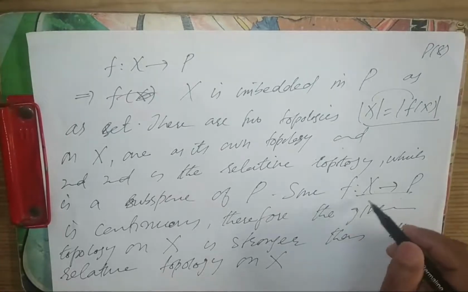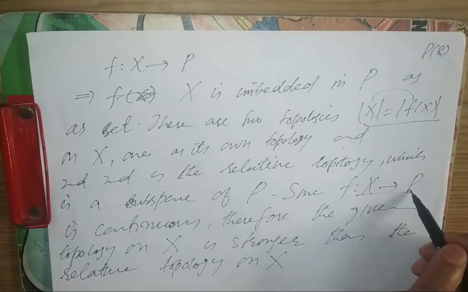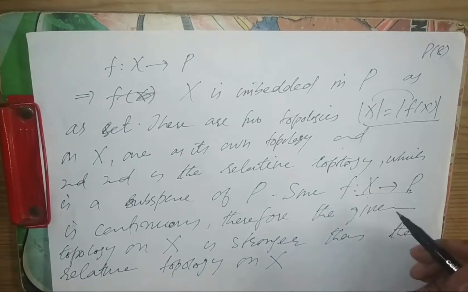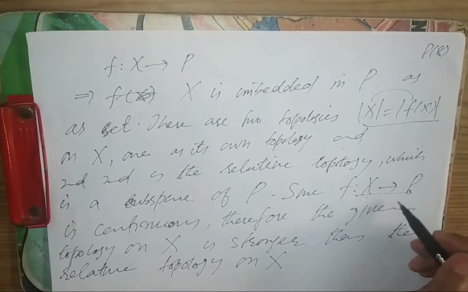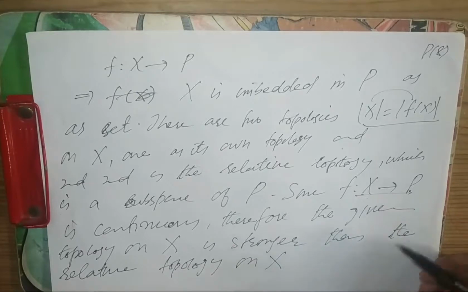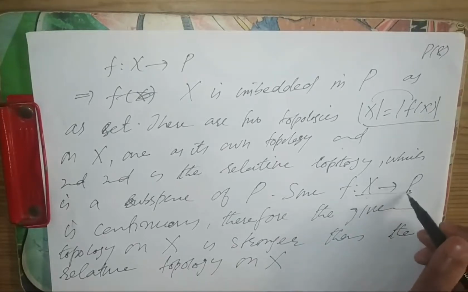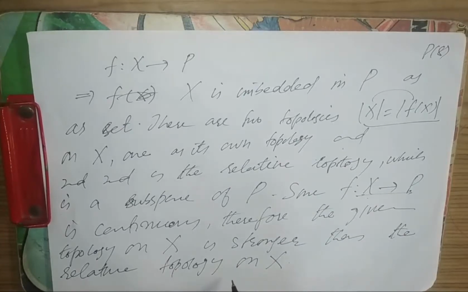When we talk about the relative topology, we have to treat X as a subset of P. So the relative topology is the smallest topology on that subset which makes each projection continuous. Actually, the restrictions of each projection on that subset are continuous. So the given topology on X is always stronger than the relative topology on X.